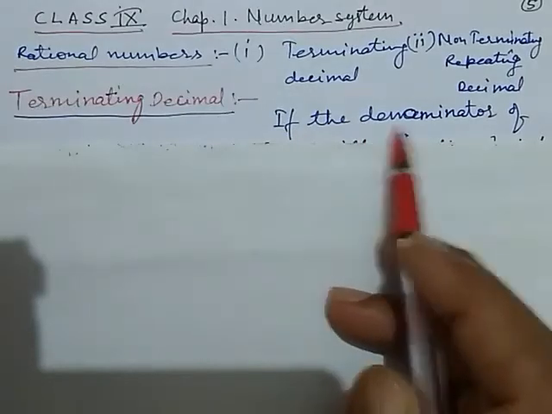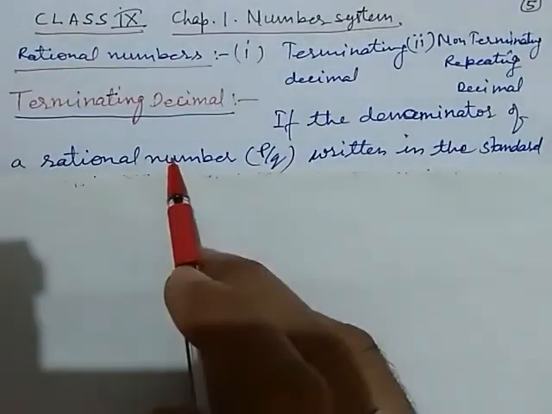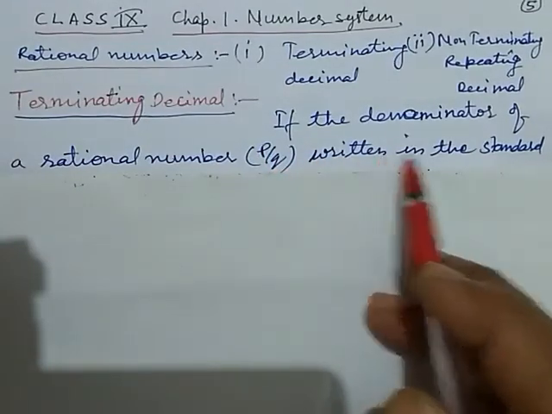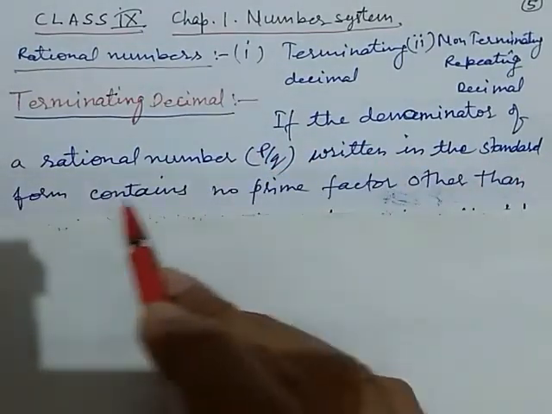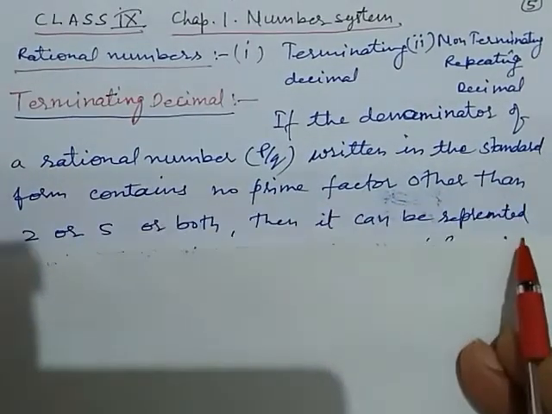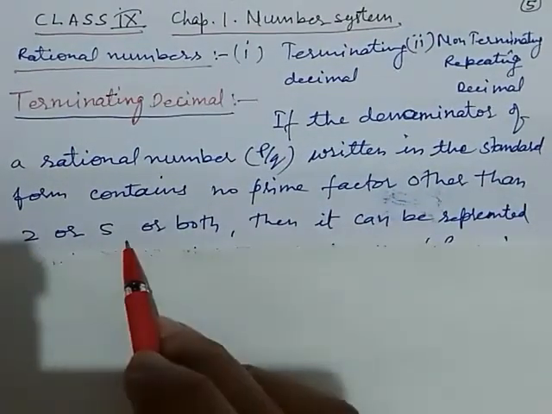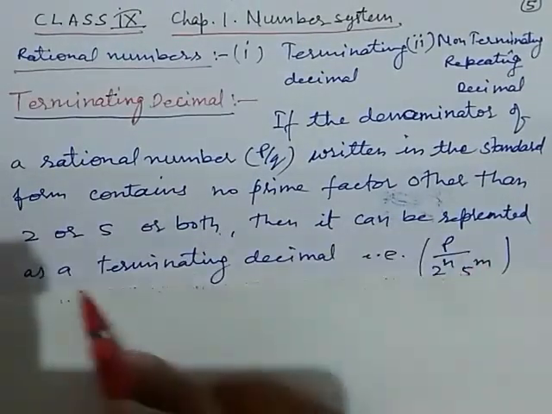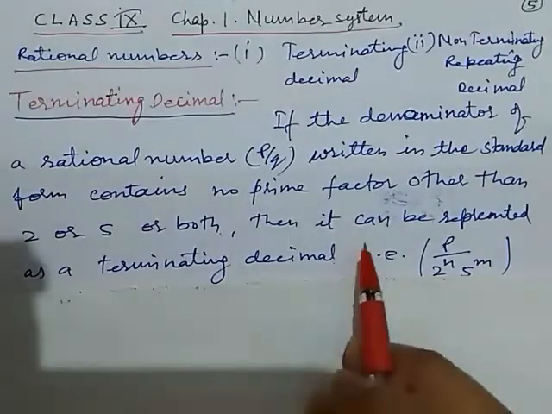If the denominator of a rational number, which is in the form of p by q written in the standard form, contains no prime factor other than 2 or 5 or both, then it can be represented as a terminating decimal.